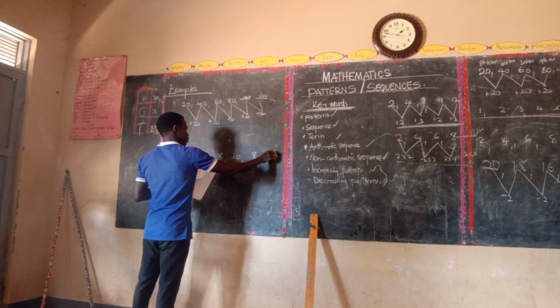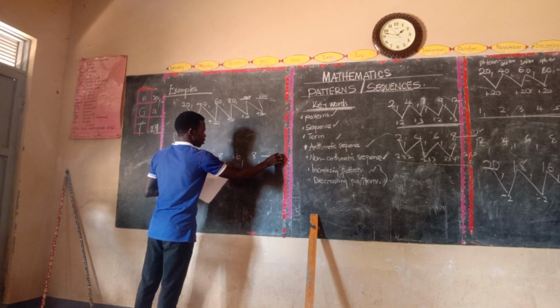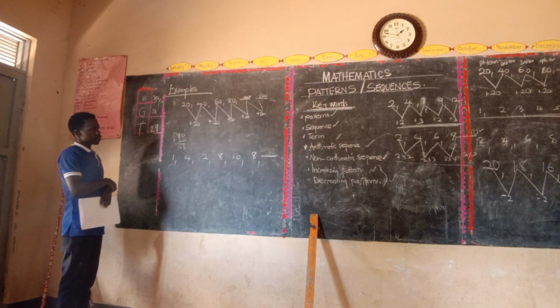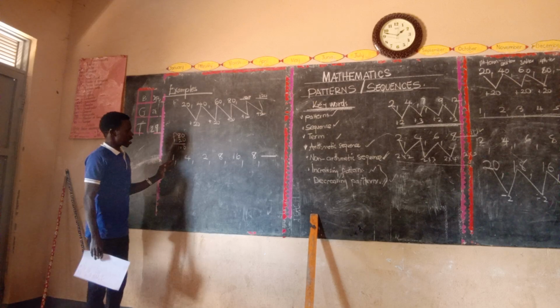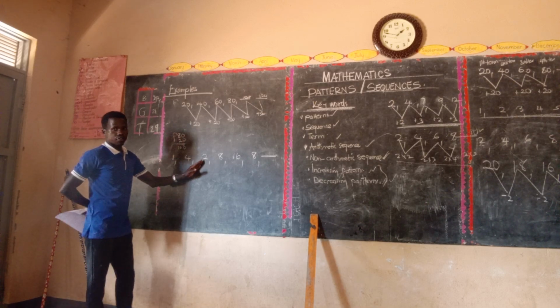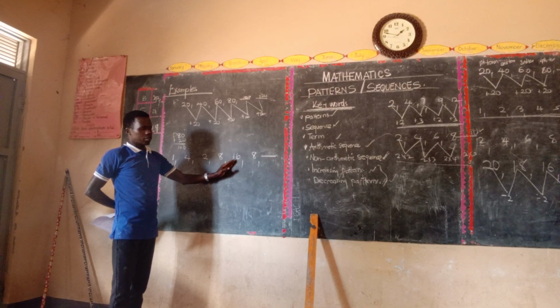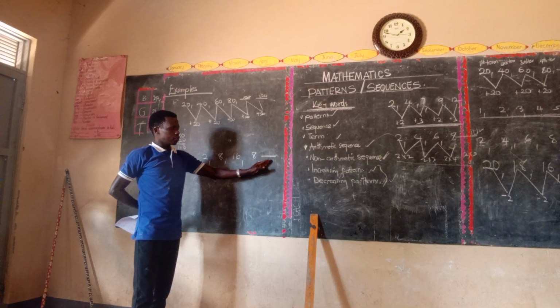Then after 8, we have 32. Okay, let me say here is the missing number. Let's look at this series of numbers. The first term is 1. The second term is 4, followed by 2. Going to 8, we have 16. 8 again, repeating itself. Then we have a dash.